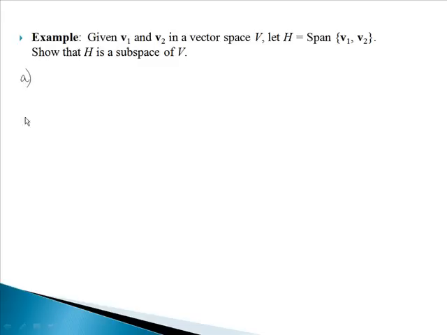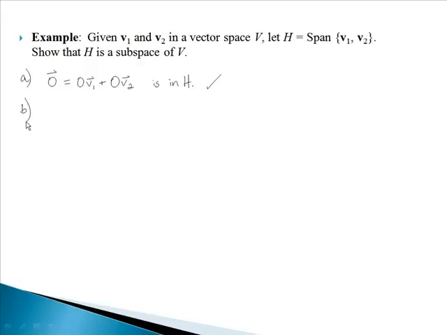So for property A, I want to show that the 0 vector is in H. So basically I want to show that I can write the 0 vector as a linear combination of v1 and v2, and we can because we'll simply write it as 0 times v1 plus 0 times v2. So then we've shown that the 0 vector is in H.